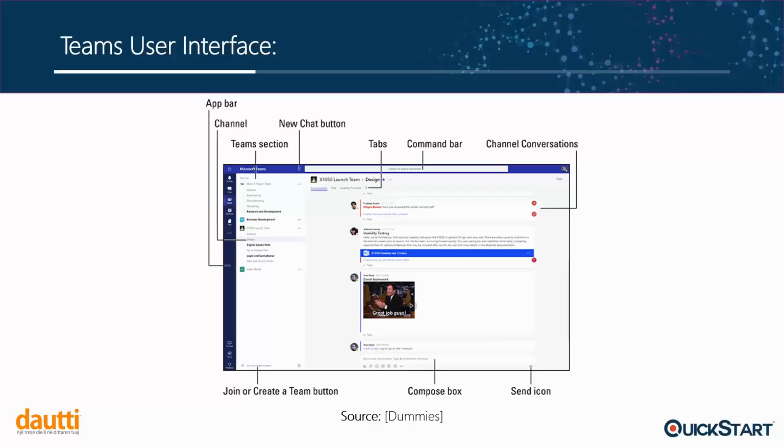The compose box, like when you're writing an email, is a plain text editor where you enter your message, your text, in order to start the conversation, as we've said, one-to-one, in a group, or one-to-many. Then either you press enter or hit the send button, and the message is sent to a particular team member, team, or group.